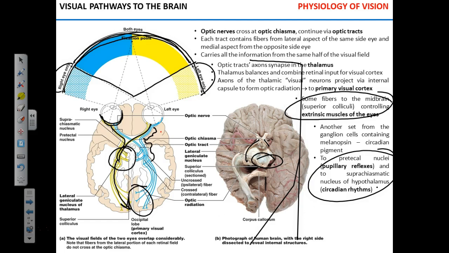The mechanism is elegant, though. It signals to the pineal gland, which produces melatonin, and when there's light, production of melatonin goes down. When there's dark, production of melatonin goes up. When melatonin is increased, it stimulates sleep.